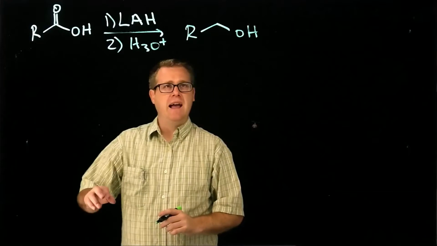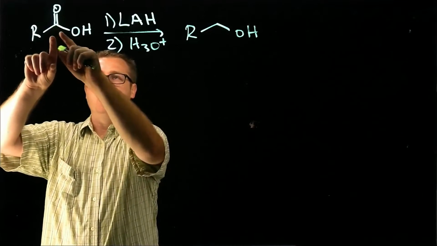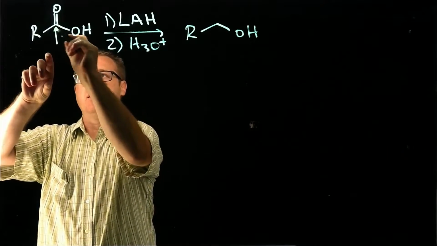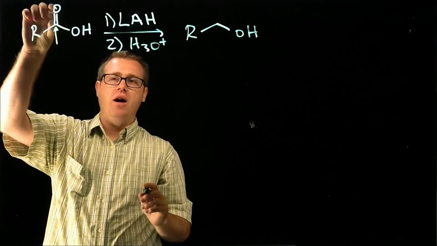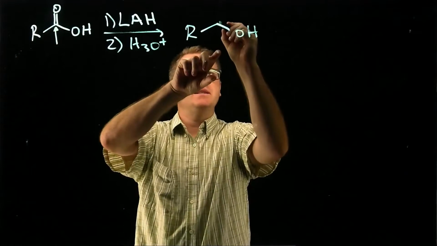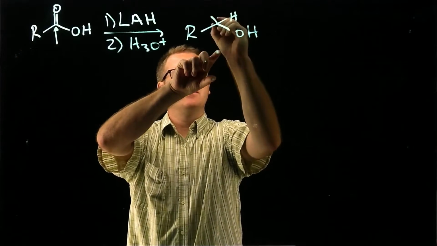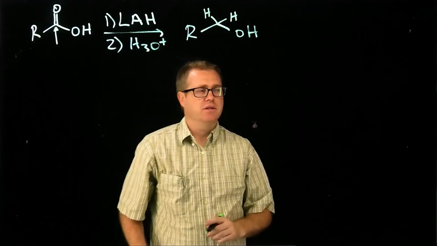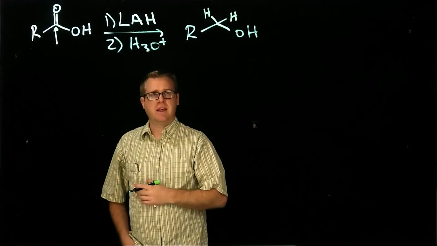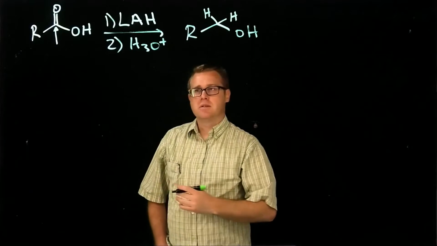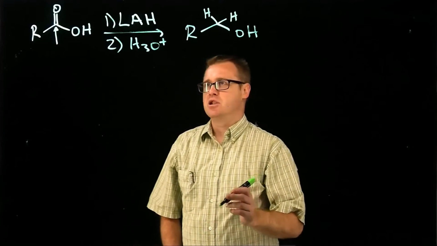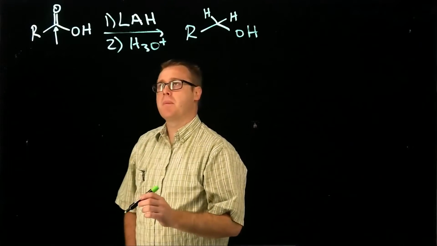So overall, what's happening? We have this carbon right there. We are taking off the double bonded O and replacing it with what? 2 hydrogens. So this is a reduction. So we are reducing carboxylic acids to primary alcohols.